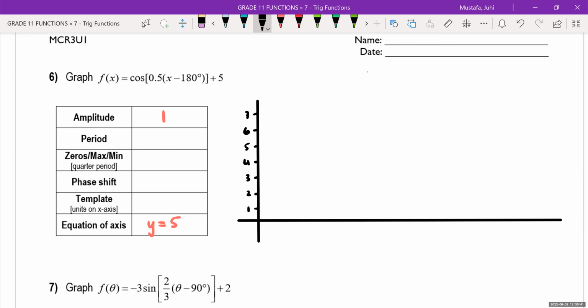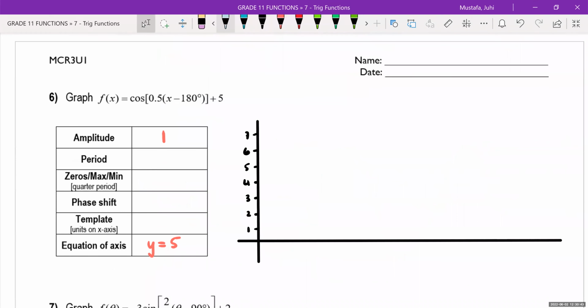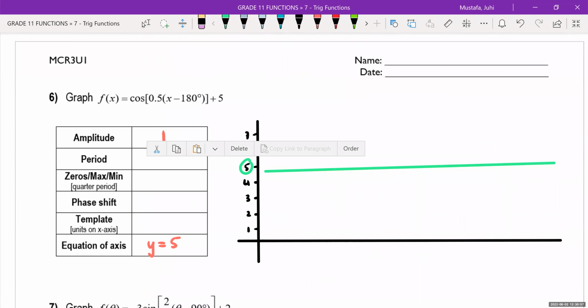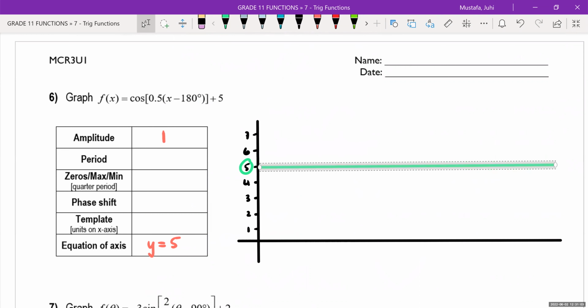I used the green last time. Okay, so we're going to highlight y is equal to 5, and we're going to make a dashed line there. And by the way, one of the things you want to look at before you start drawing your axes is where the phase shift is.